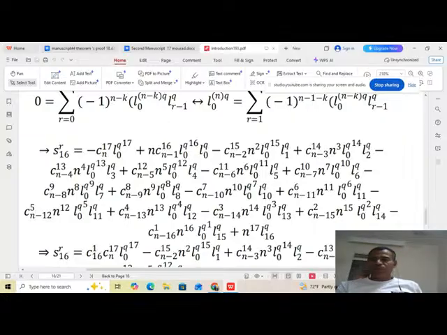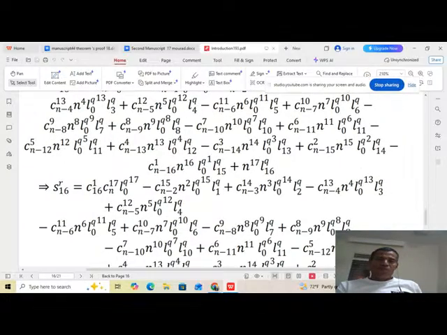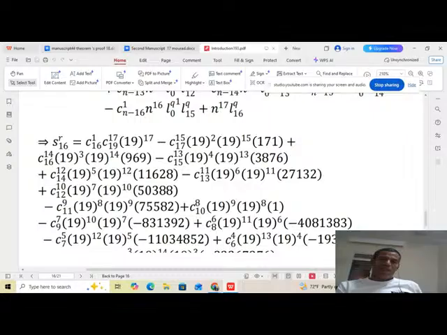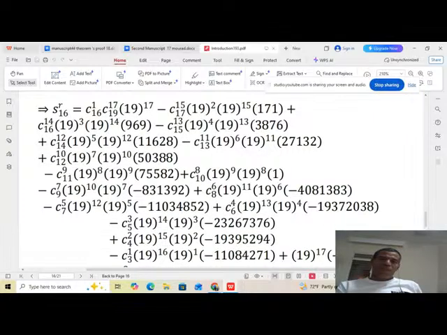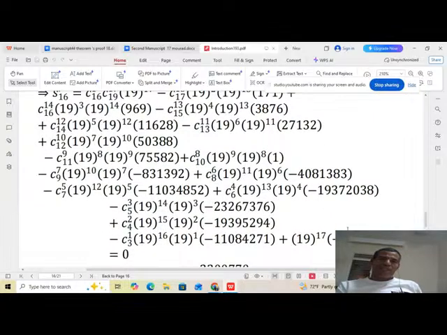Here we continue with all that. I will just make the calculation, and we obtain that S16, in fact, means you will calculate all of this and substitute n r minus 1 with their own values, and obtain that S16 is equal to 0.